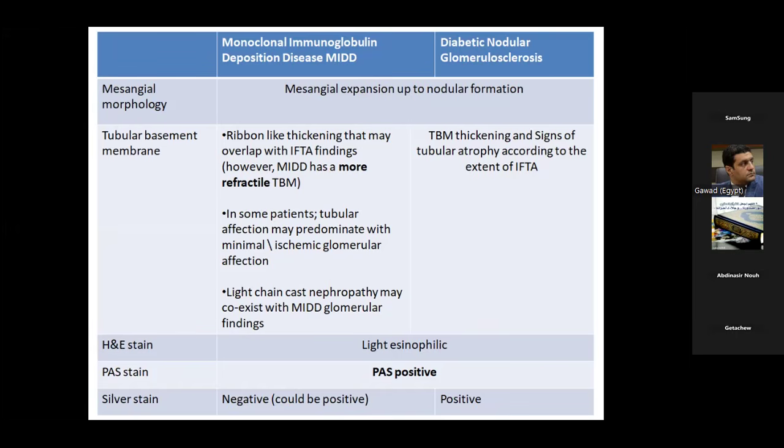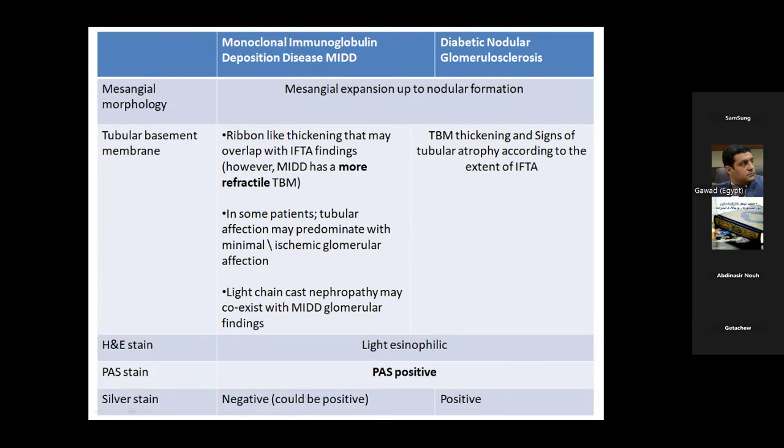As in the case that we have seen, the slide showed tubular basement membrane light chain predominance, lambda light chain predominant. This case was codominant MIDD plus light chain cast nephropathy, and even in some patients the tubular affection may predominate with minimal or ischemic glomerular affection.